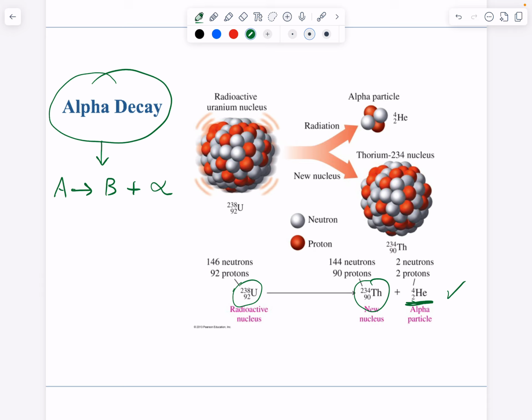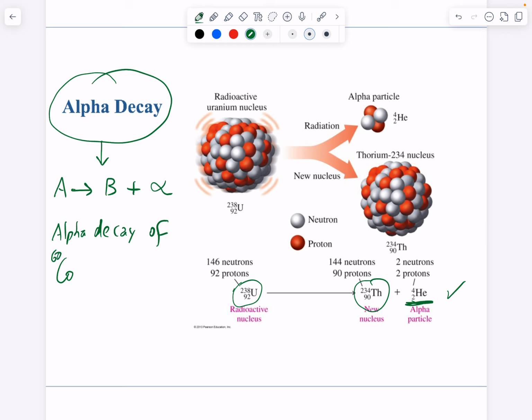For example, I say, can you write the alpha decay of, let me pick any element. Let me say cobalt. Okay, let me say cobalt 60.